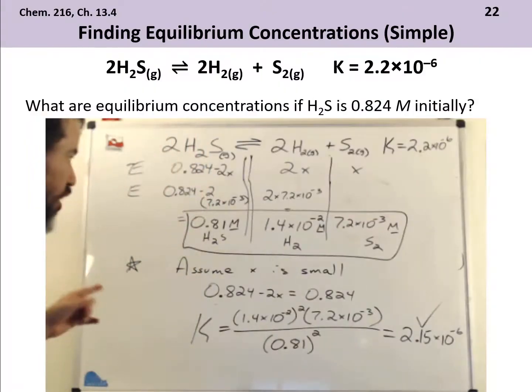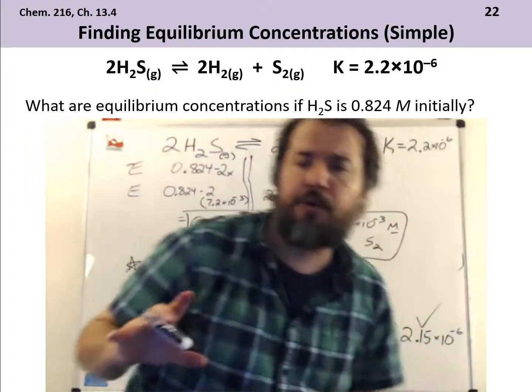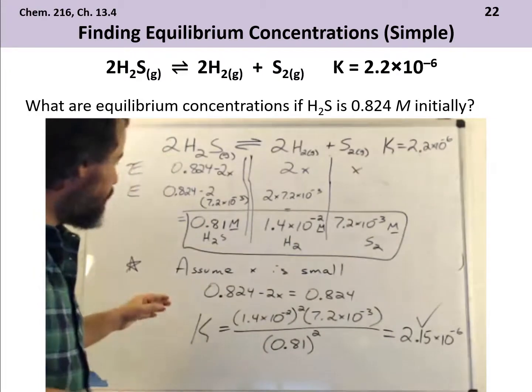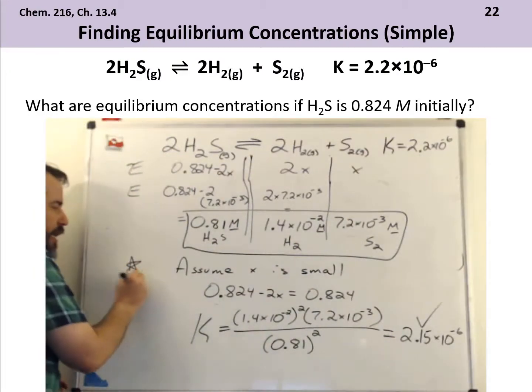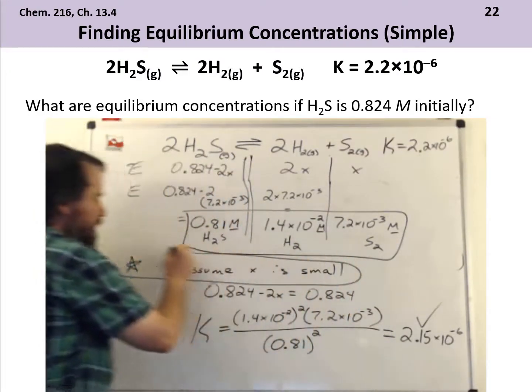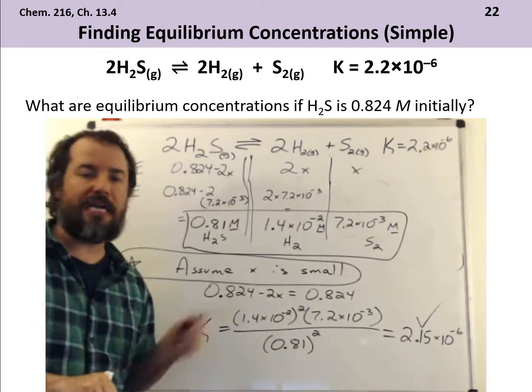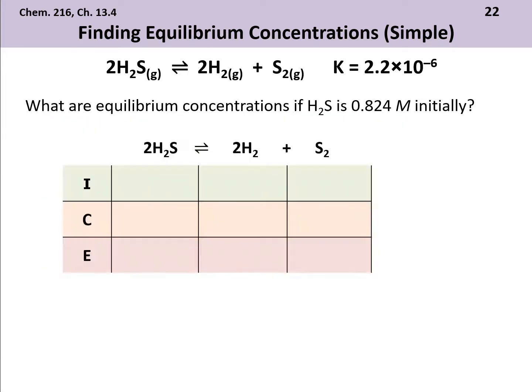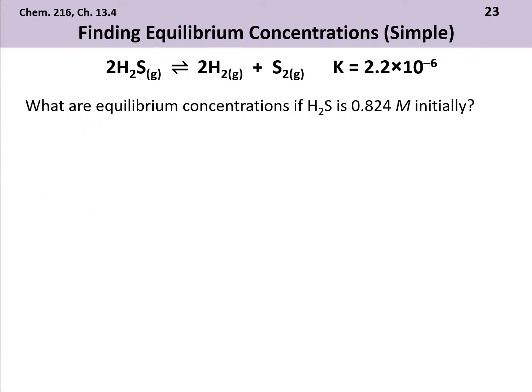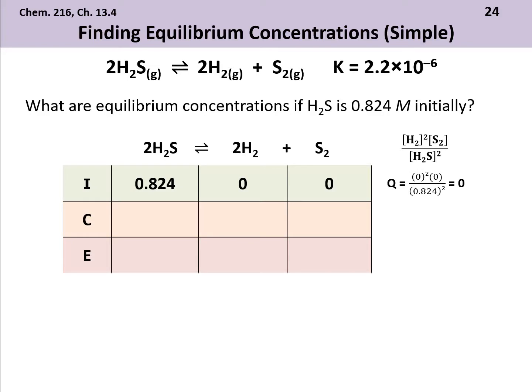Okay, so let's go through this on the screen, okay? And then we're going to come back to the fact that we need to check this assumption. Okay, so we start off with our initial concentrations, what we're given.